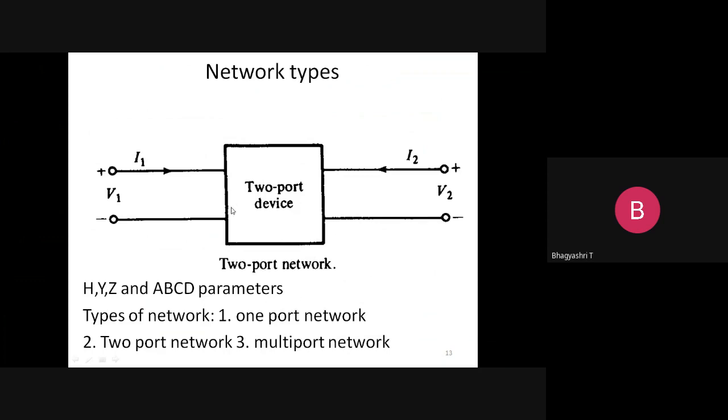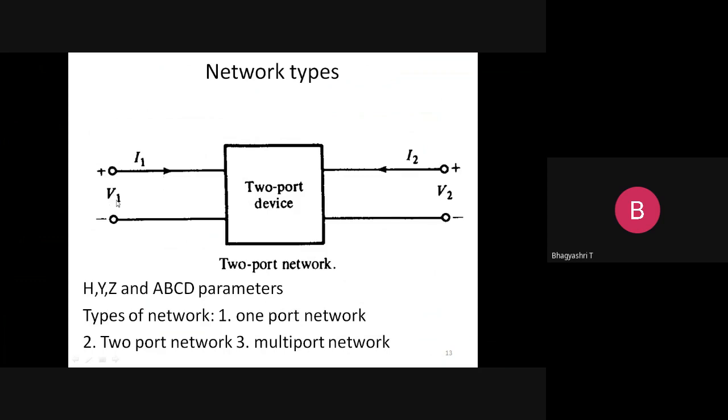In a two port network, we are going to assume that the network is a black box. We are not going into detail about what components are there, whether a resistor or capacitor is there, or what the nature of the component is, resistive, capacitive, or inductive. We just assume that this is a black box, with two terminals for input and two terminals for output.